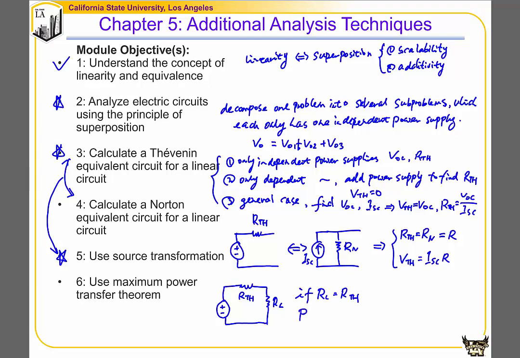And the maximum power consumed by RL, PL max, we can calculate the way we calculate the power of a resistor, so that will be V squared over R. Since the two resistors are the same, the voltage on RL becomes half VTH, so PL max is (VTH/2) squared over RTH. And we also know that to use the maximum power transfer theorem, we have to find a Thevenin equivalent circuit. So this will be tested together with bullet point 3.